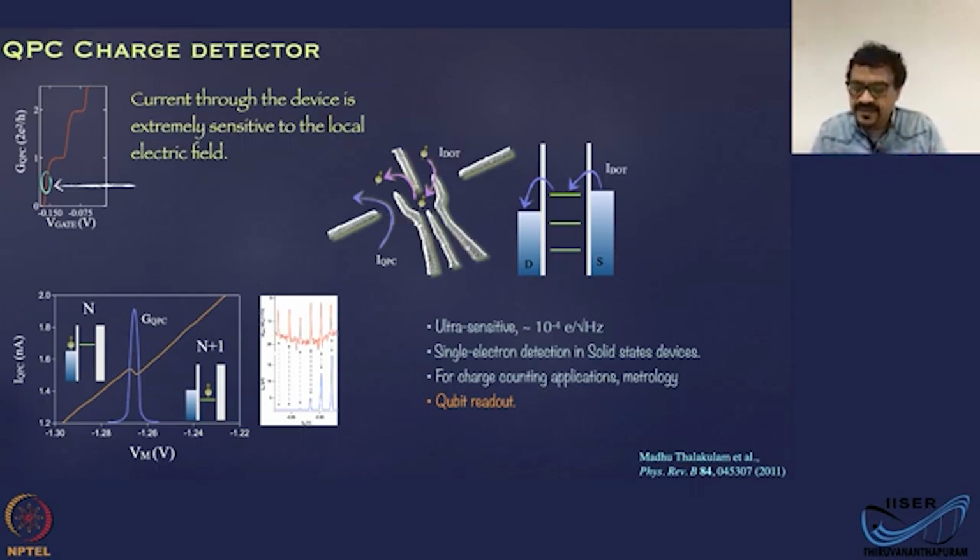Here, this is a picture of one of the devices where you have deposited surface gates. What you are seeing is a gate pattern on top of a two-dimensional electron system, and you are going to apply negative voltage.